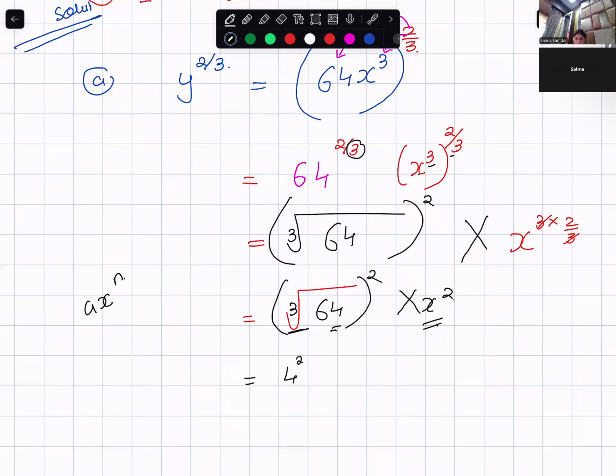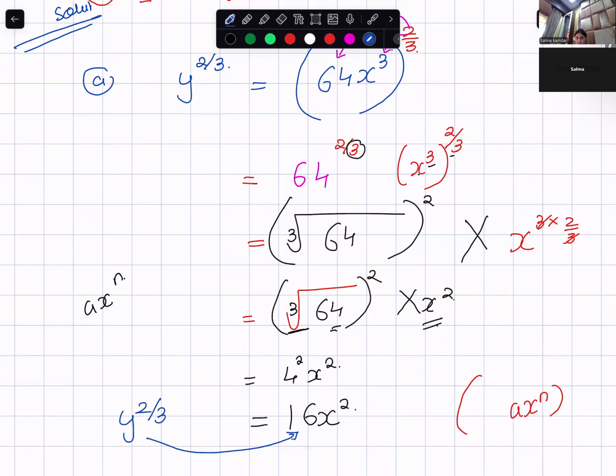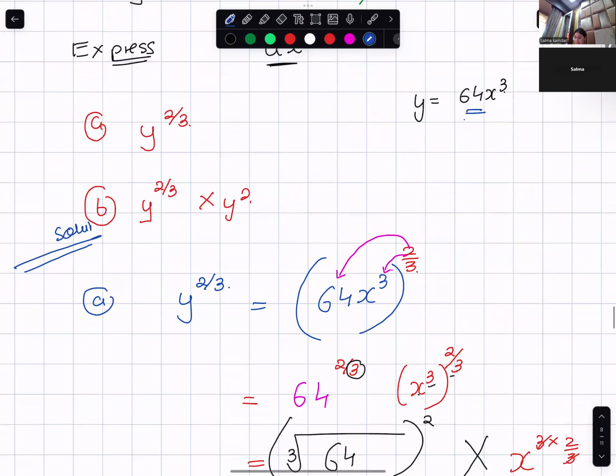So this is 4 square into x square. 4 square is nothing but 16x square. So I have expressed it in the form of ax raised to n. So y raised to 2 by 3 is 16x square, where y was 64x cubed.